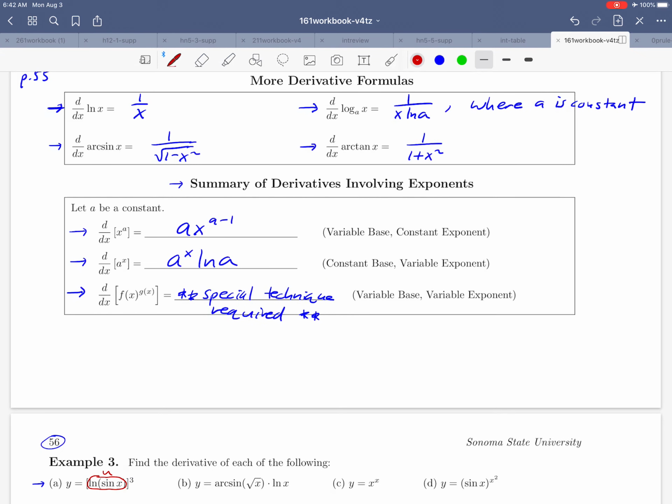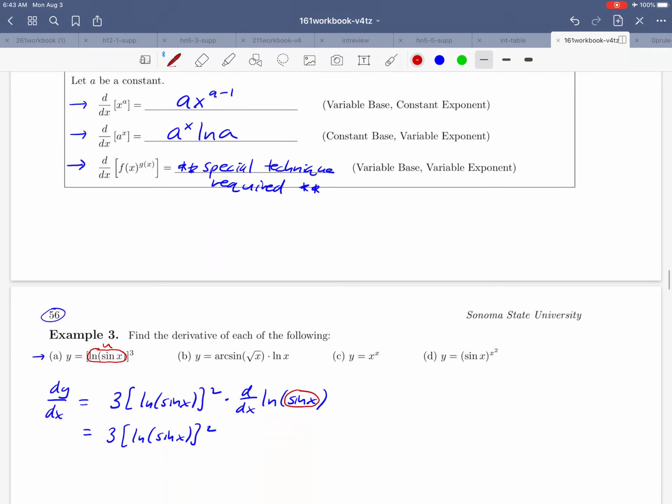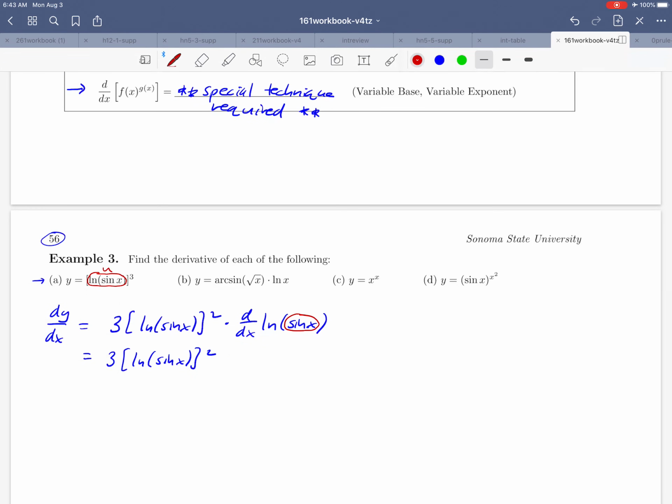Okay, the natural log derivative formula was the one right here. Its derivative should be 1 over x if we were just taking the derivative of ln of x, but we're taking the derivative of ln of u, where u is this. So we're going to get 1 over u, which is 1 over sine of x for that. And then again, the second piece of the chain rule is to take the derivative of the u.